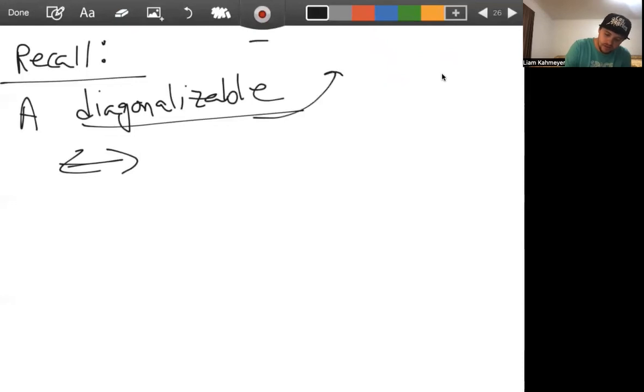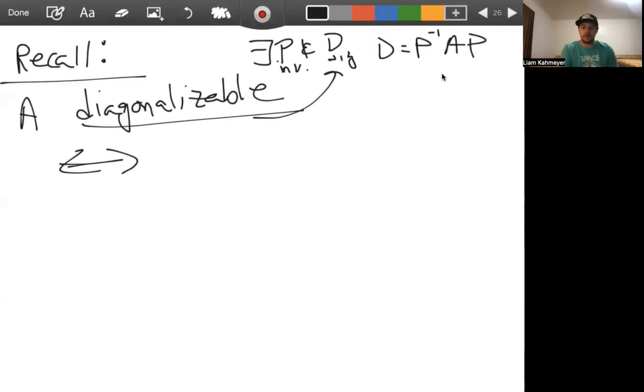Diagonalizable means there exists an invertible P and diagonal matrix D such that D is equal to P inverse A P, right? That's the definition: if you can find this invertible matrix such that A is similar to a diagonal matrix, right?